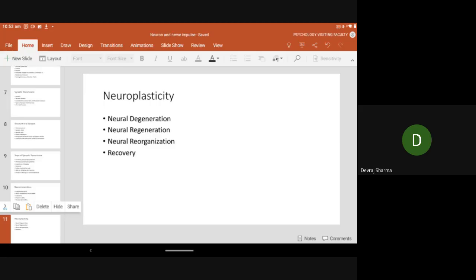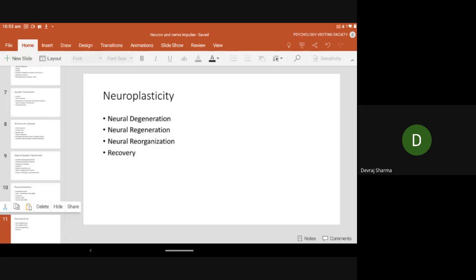Now, these PNS neurons have the inherent capability to regenerate, as I told you. But CNS neurons cannot regenerate.